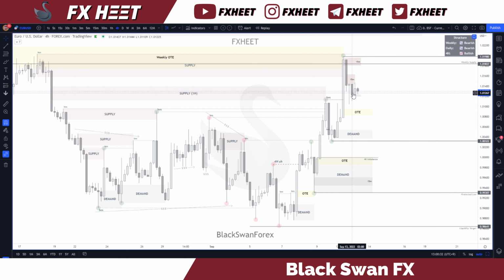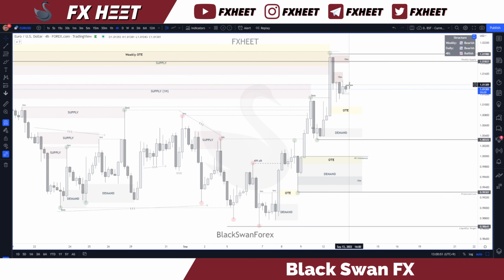And then since New York on, it's more or less been consolidating in this area. There was one nice push down, but no further continuation after that. It's come right back up since, and then once again come back down. So you can see strong consolidation in this area right now.